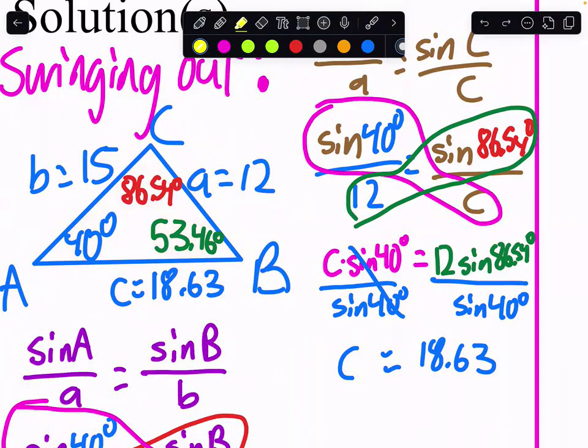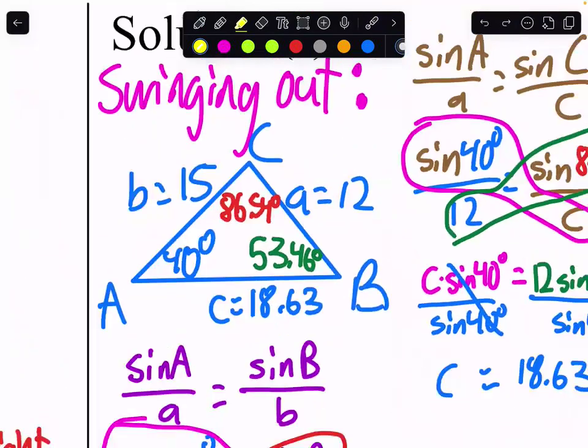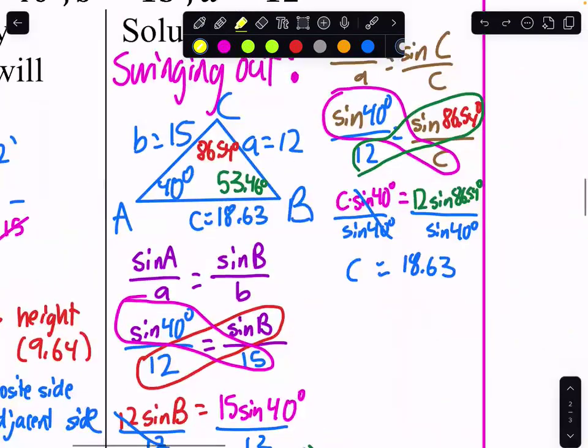Secondly, when you add the two shorter sides, is it longer than the third side? Yes, 15 plus 12 is 27, which is more than 18.63. Lastly, is the longest side opposite the largest angle? Yes, the longest side of 18.63 is opposite the largest angle of 86.54. Is the shortest side opposite the smallest angle? Yes. All of those things are true, so that makes us confident that we are correct.